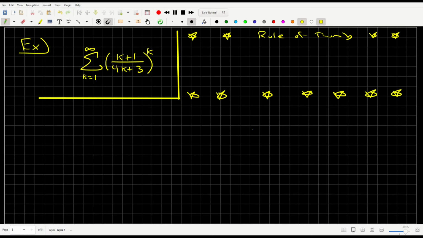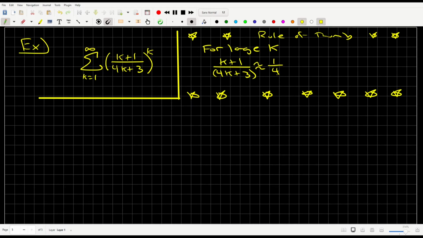So for large values of k, we know that k plus 1 over 4k plus 3 is approximately equal to 1/4. If you take the limit of k plus 1 over 4k plus 3 as k goes to infinity, you'll get 1/4.